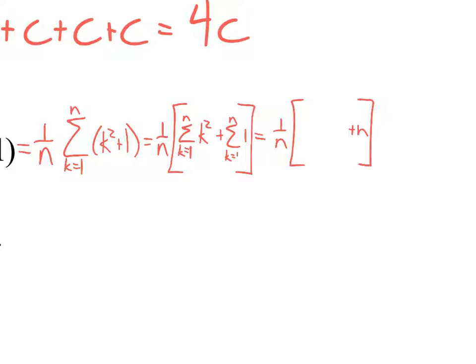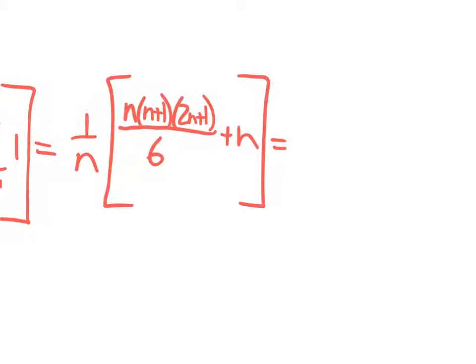We had the formula for the squares. It's n times n plus 1 times 2n plus 1 all over 6. It's okay if you don't remember that off the top of your head. But notice now when I multiply in the 1 over n, guys, it's going to actually cancel out the n on the first part.